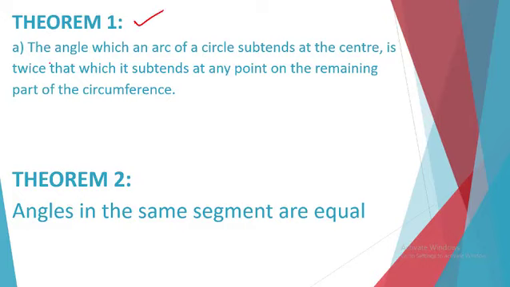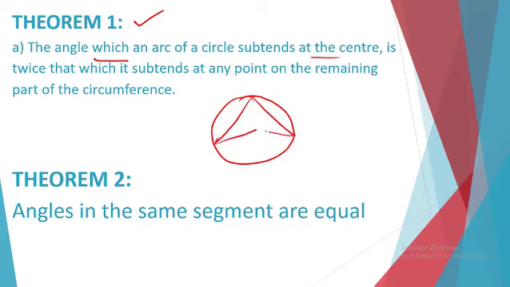Theorem 1 says the angle which an arc of a circle subtends at the center is twice that which it subtends at any point on the remaining part of the circumference. That is to say, if we have a circle and these lines, then this is our radius.